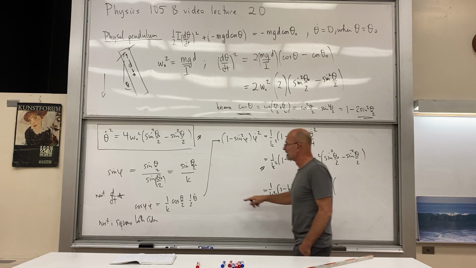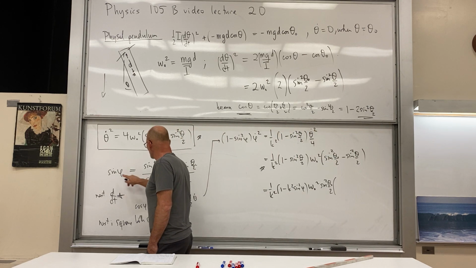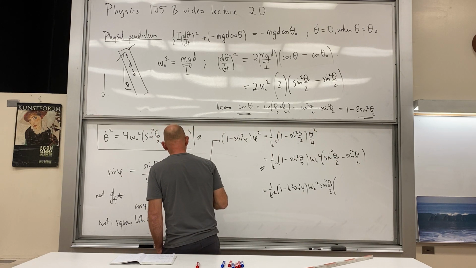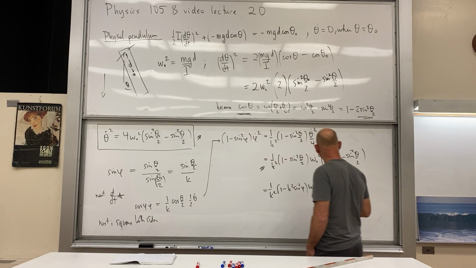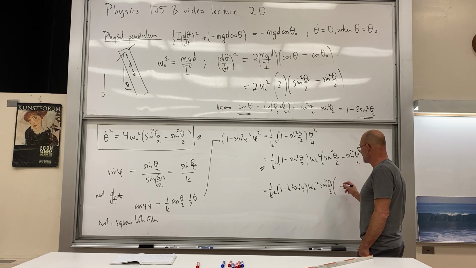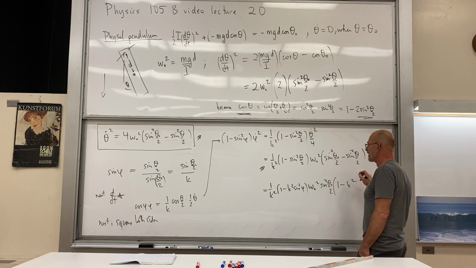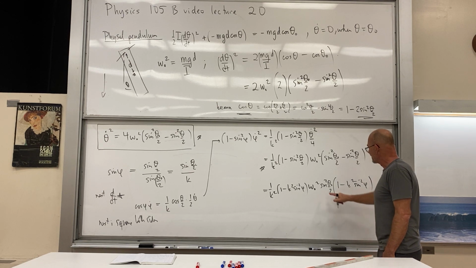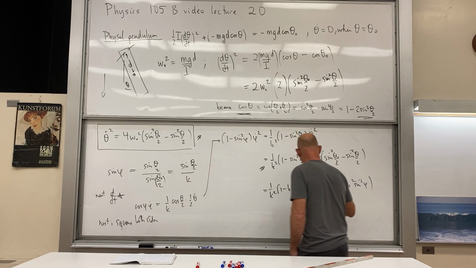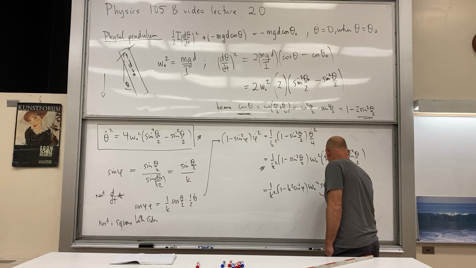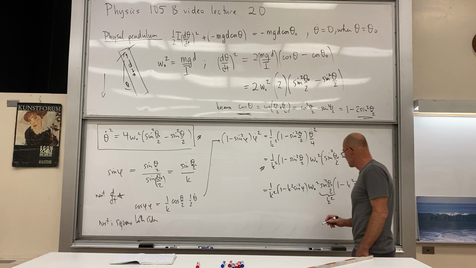That will be 1 minus k squared sine squared phi. And this sine squared theta naught over 2 is k squared. So I'm just going to indicate that that's k squared.